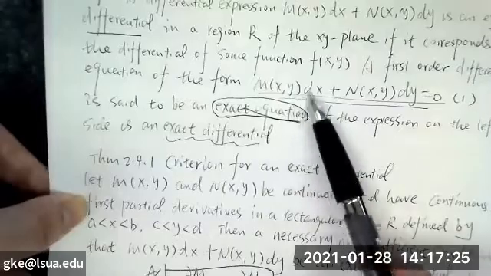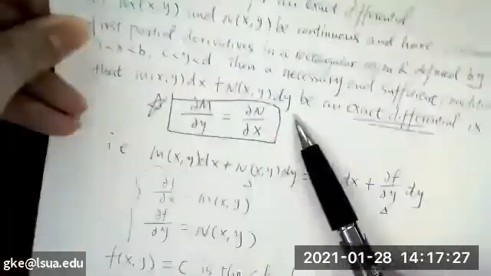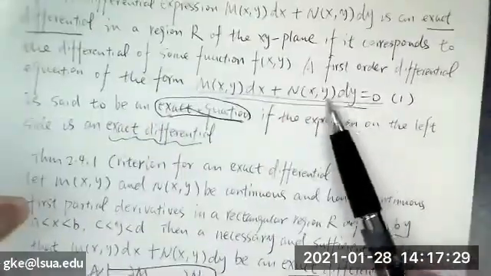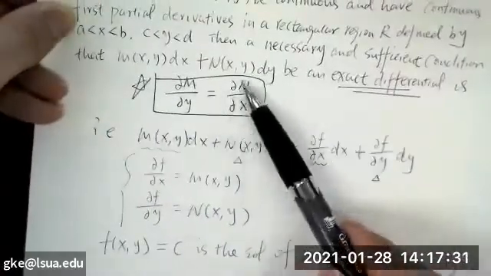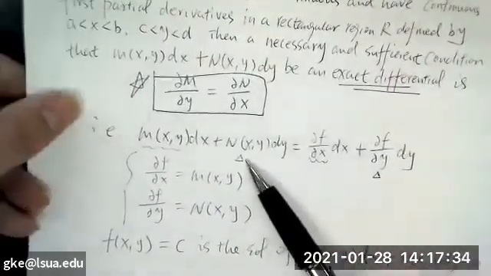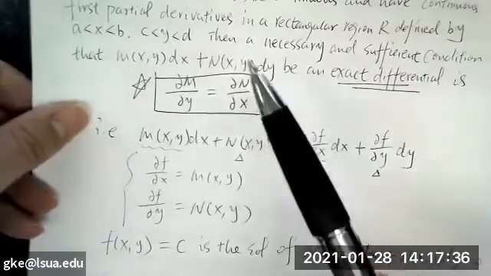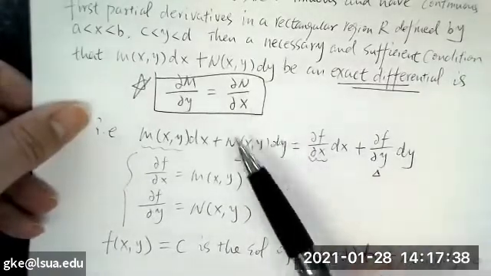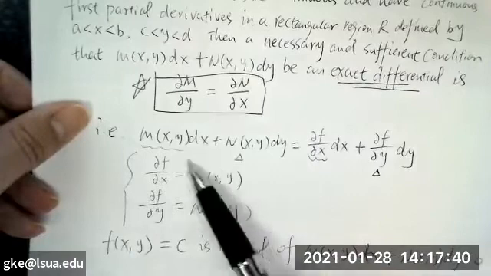What is M? M is the function in front of dx, and N is the function in front of dy. After you know that is an exact equation, then you can use this formula.